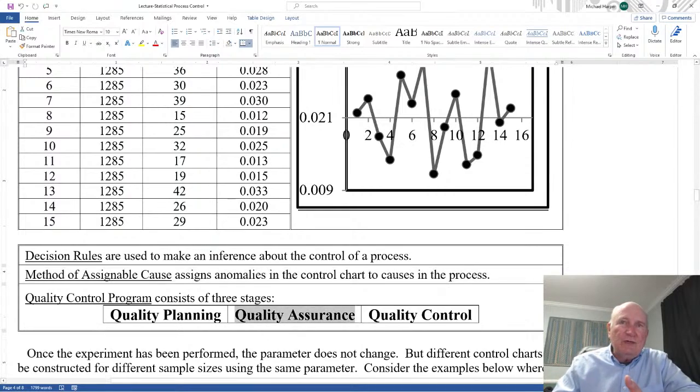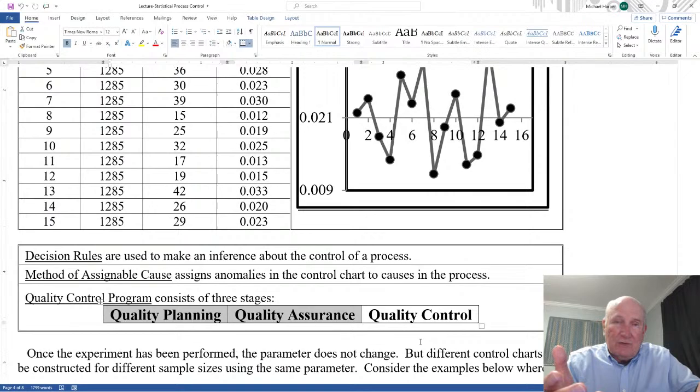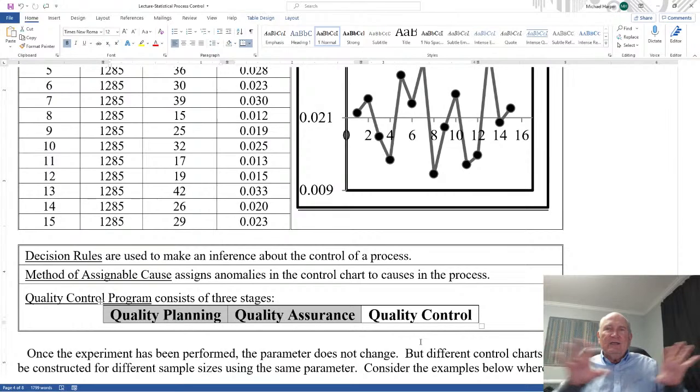You might be doing it correctly in assurance, and the plan was correct, but quality control will go back and audit the process. Was the process designed correctly in the first place? Is it doing what we thought it was going to do, or do we go back and redo the experiment? So quality control is looking at how this moves toward improvement.